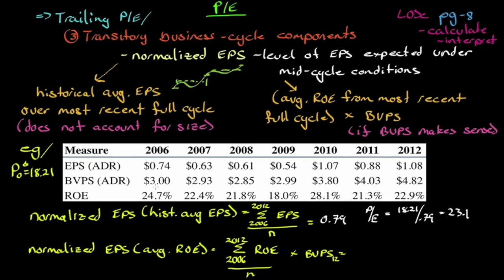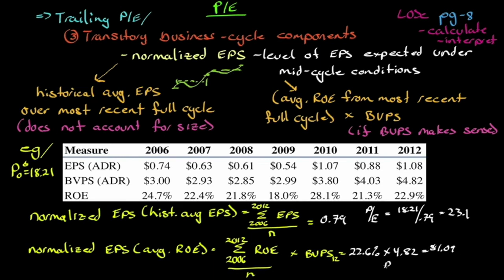See, we went from $3 book value per share all the way to 4.82. So let's do that. What will we get? We'll get 22.6 as the average ROE, and we'll multiply that by 4.82. And we get $1.09 as normalized EPS.